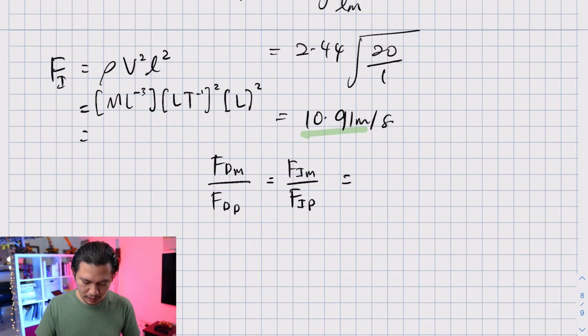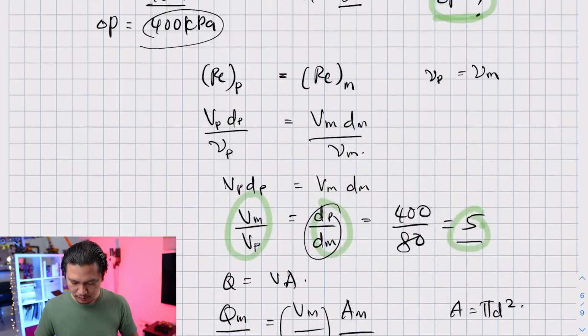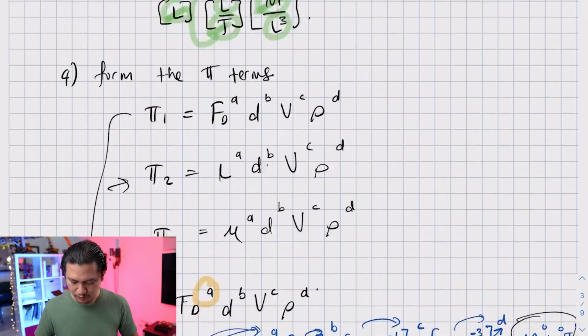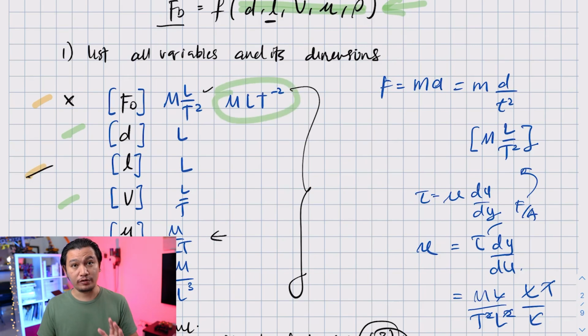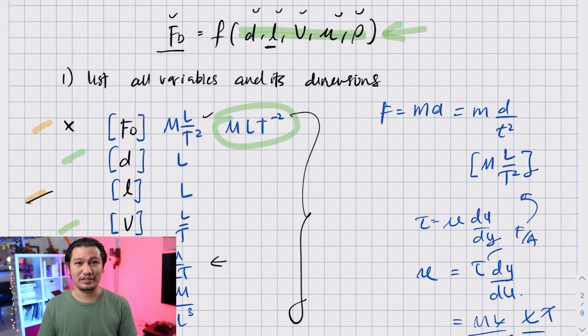So in the end, you end up with M, this is L to the power of -3 plus 2 plus 2, so that will be L, and this is T to the power of -2, over T square. And if you notice, ML over T square, let's take a look at our example before. Isn't this the dimension for force? So even though it looks strange, in terms of the dimension, the formula is correct.